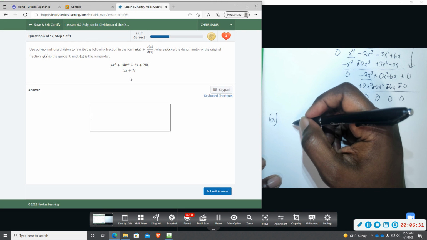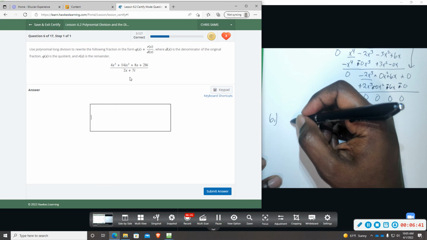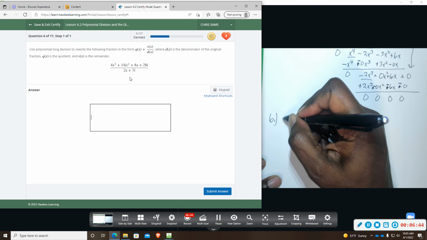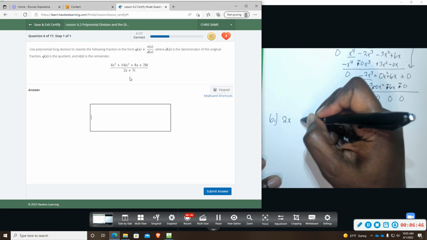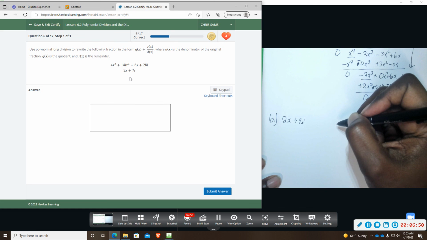So on the bottom, we have 2x and then plus 7i. Do we need another number as a placeholder? We'll work and we'll see. 2x plus 7i.